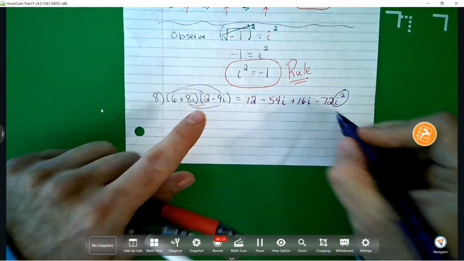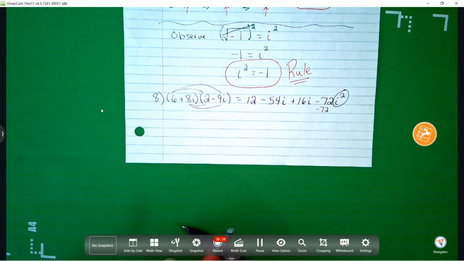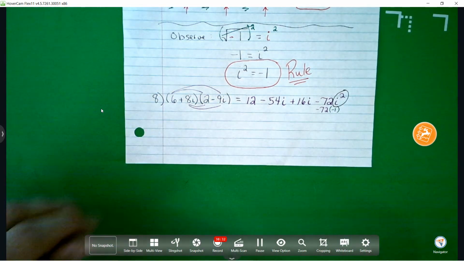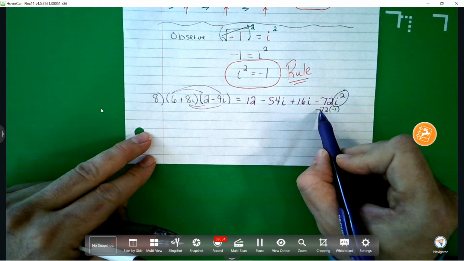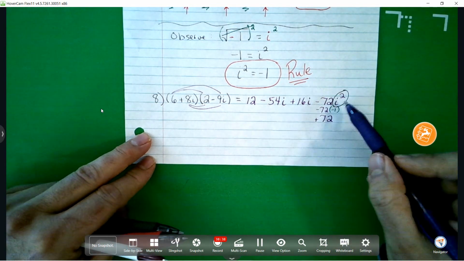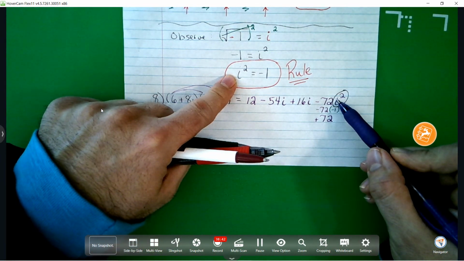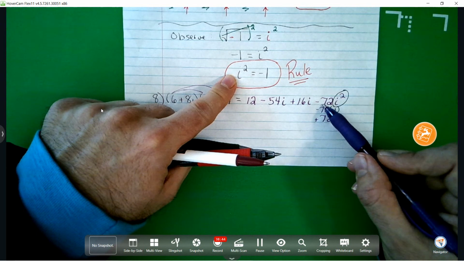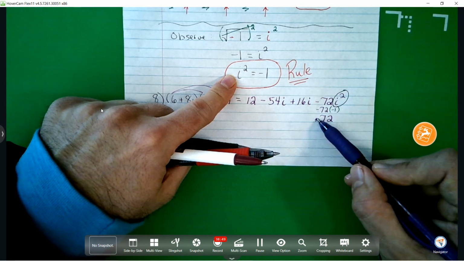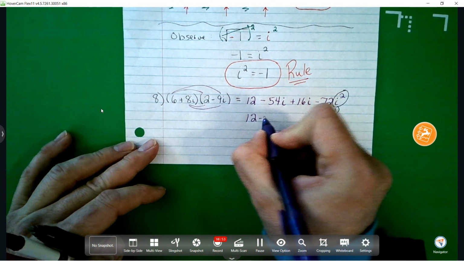When you multiply a negative number times a negative 1, is that just going to change this from a minus 72 to a plus? Y'all see what I just did? You replace the i squared with negative 1. So negative 72 times negative 1. Negative times negative is always a positive. And then I'll carry this down.